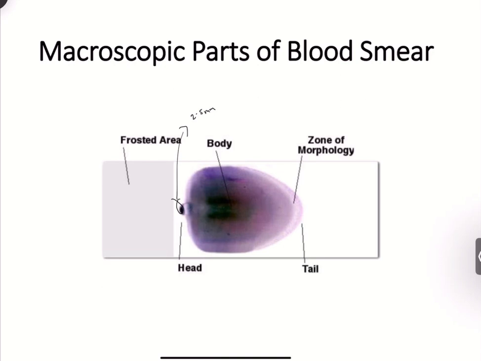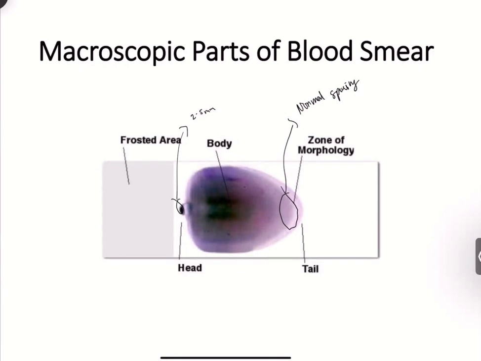This area will be used in counting or even in cell differentiation. Why? Because the cells have normal spacing, and you can differentiate them in a good way. Then the tail has fewer cells, so we cannot use it in blood examination.